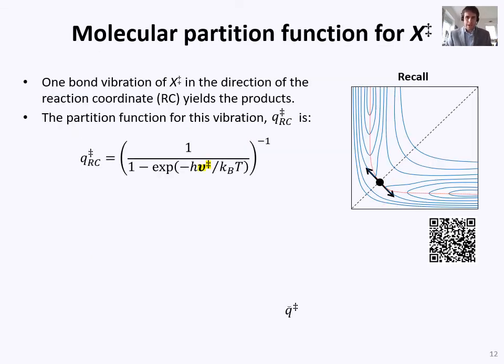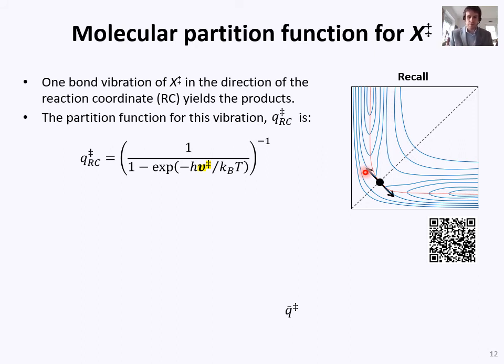So moving back, we said that we had one bond vibration in the transition state that leads us to the products. And so obviously if we're thinking about understanding the transition state and the partition function for the transition state, we can write the expression for the partition function in much the same way as we did for those 2 molecules, the reactants.